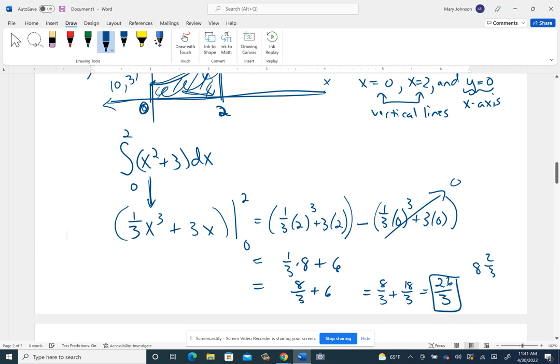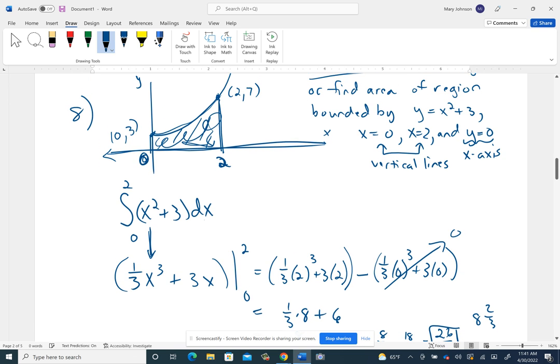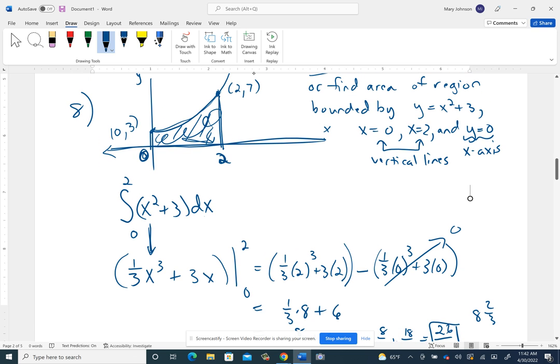All right, and looking at this picture that we had here, okay, 8 2/3. That rectangle there would have been 7 by 2, would have been 14. It is above the x-axis, so it is a positive value. And, when you look at that, this kind of cuts off a big amount.